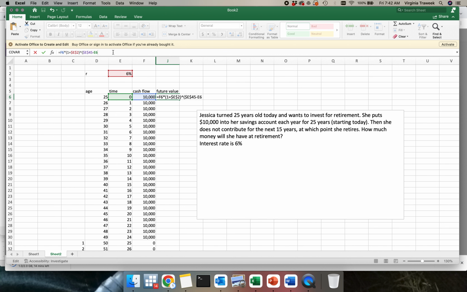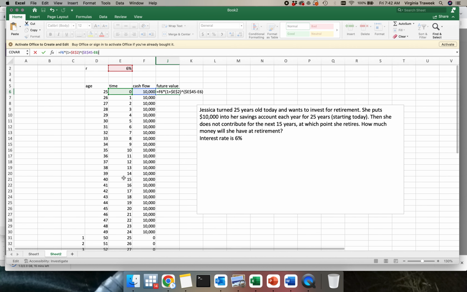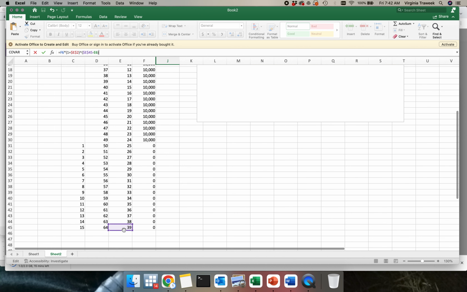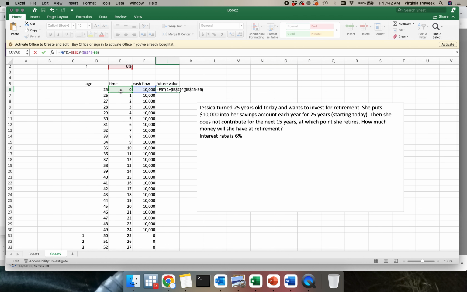And what I'm going to do is make sure I get these parentheses right. So contextually, here's what we're doing. We are going to raise it to the number of time periods that exist between this and this. So let's see if this works.